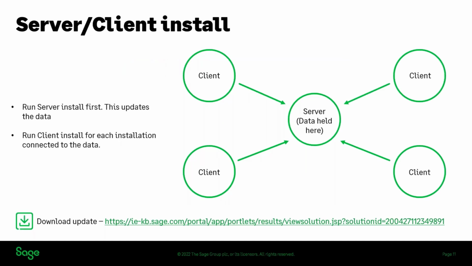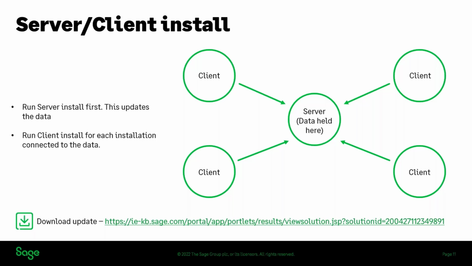So this is for your server client situation. You can see from the diagram, you have a server, which is where all the data is held. That's usually in a central location. When you run that server install, that will update the data held on that server. Everybody who is connected to it, so has an installation of the program that is connected to that same set of data, will then need to run the client install.